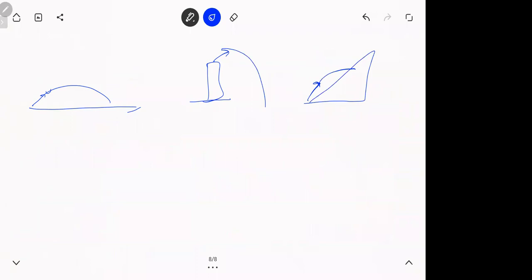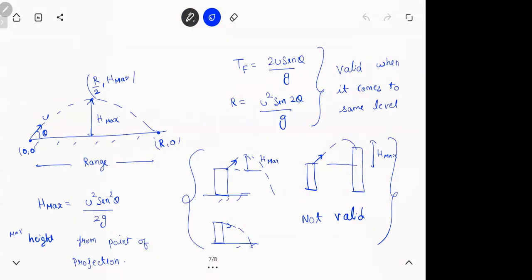Then I asked her something else. I asked, find the range of masses. I changed the problem, okay? But the moment she heard the word range, U square sine 2 theta by g. It doesn't care what chapter it is, what the question is. Range means that is the only formula she knows. That becomes a big problem because in the exam the questions will be theoretical.